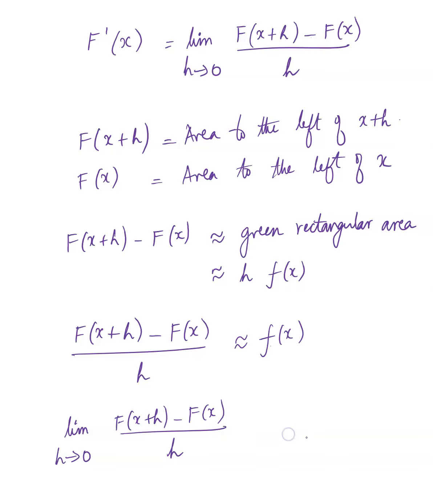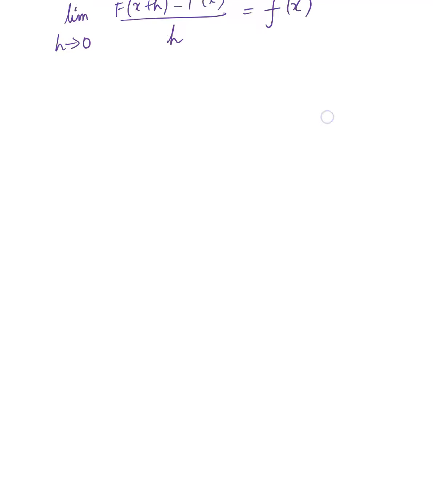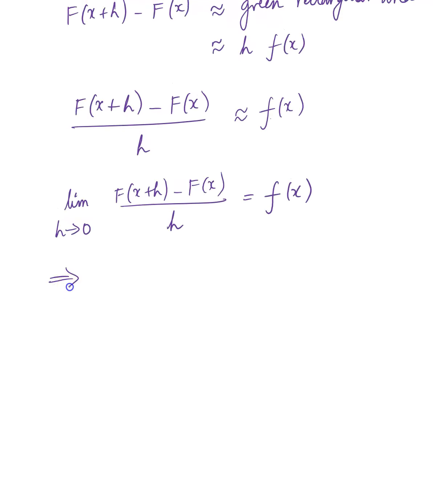Because you apply the limit now, you're removing the h. This will be equal to f of x, right? But we do know that the limit of capital F of x plus h minus capital F of x over h is F prime of x. This implies F prime of x is equal to f of x.